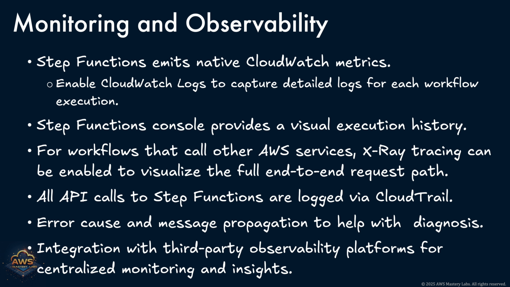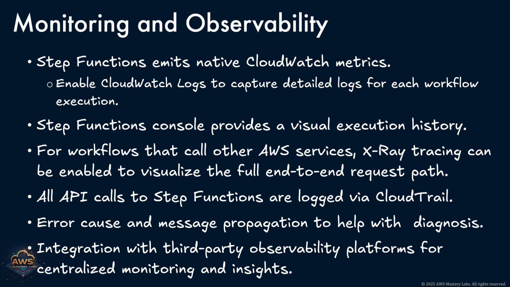From a compliance and governance perspective, AWS CloudTrail plays a key role. Every API call made to Step Functions, whether it's creating a state machine, updating a definition, or starting an execution, is recorded in CloudTrail. Another powerful feature is error cause and message propagation. When a state fails, you can capture the cause and pass it along downstream.